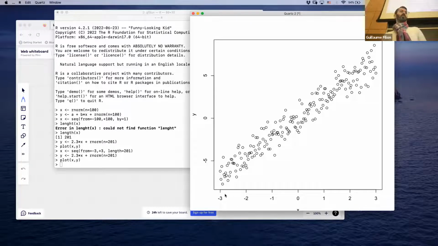So basically we have x, which takes all the values from minus 3 to 3 in sequential order. But as you can see, in the values of y there is this noise that has been added. And that makes it so that y still feels like a linear function of x, but not completely.